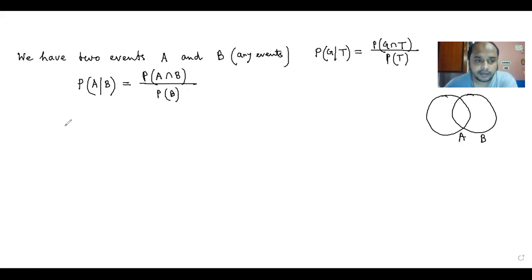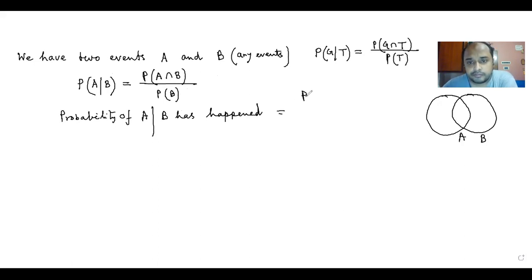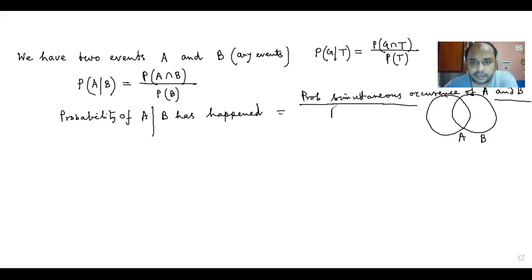We shall read it in the following manner: probability of happening of event A, given that B has happened, is equal to probability of simultaneous occurrence of A and B divided by probability of B. So this is how we read this quantity. This quantity is a very useful formula, and let us mark it properly. And we call this quantity conditional probability.